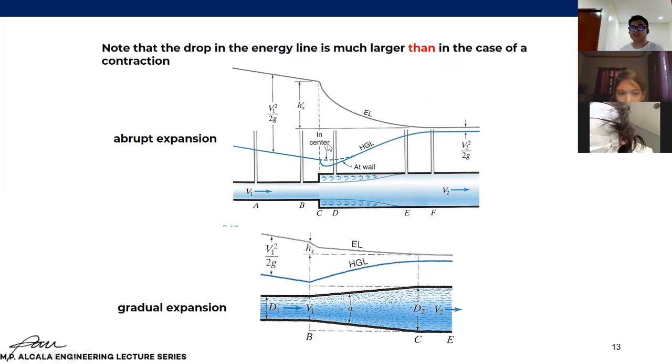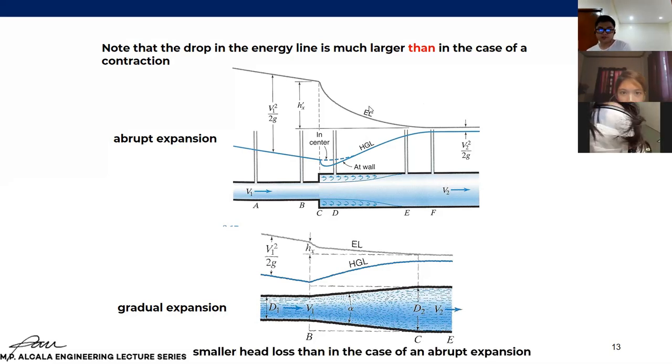Note that the drop in energy line is much larger than in the case of a contraction. Okay? So, mas malaki yung drop sa in the case in the contraction. Okay? Smaller head loss than in the case of an abrupt expansion.